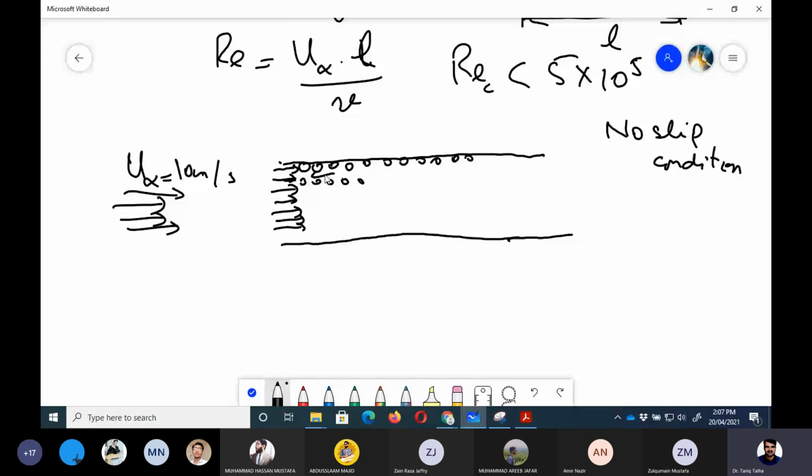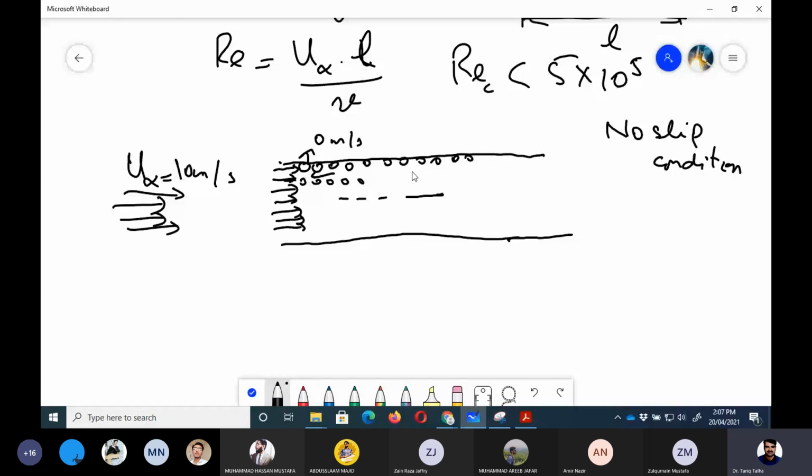So due to that effect, here the velocity is 0 meter per second, but here it would be less than 10 meter per second. Maybe it would be 5 meter per second. But when it is reducing in the second layer, in the central layer it would be increasing, because in order to maintain the same mass flow rate, if the velocity is decreasing near the wall, then at the center where the viscosity effect is very low, the center line velocity would be more than 10 meter per second.